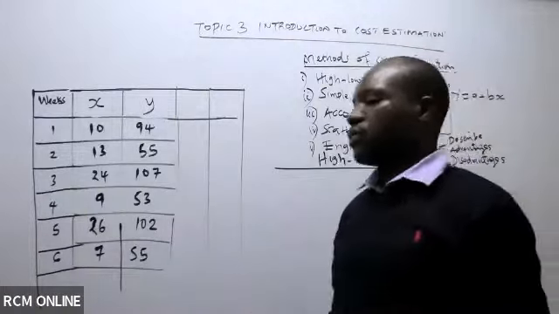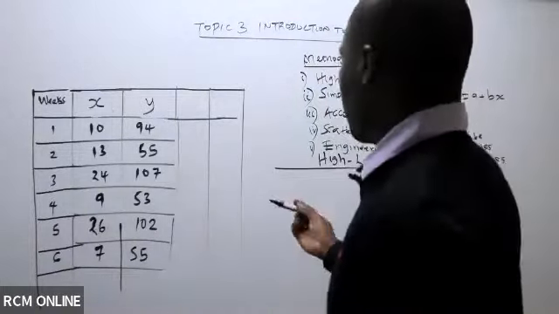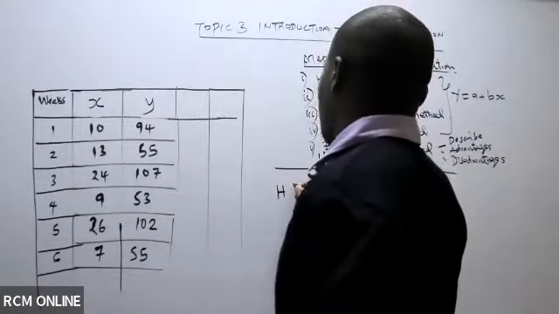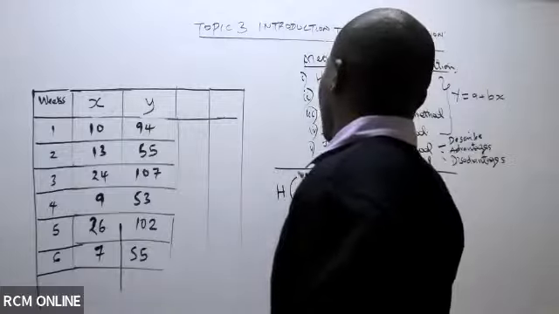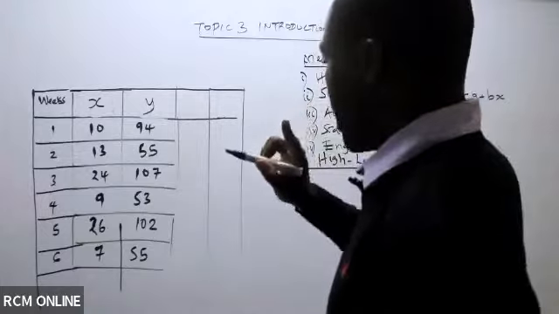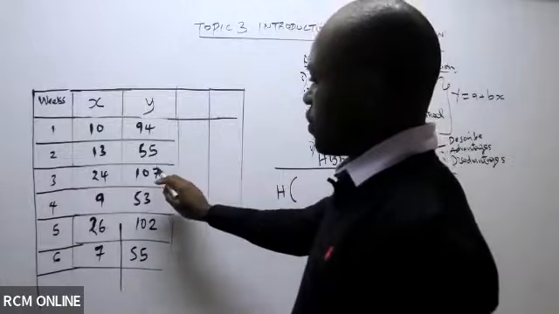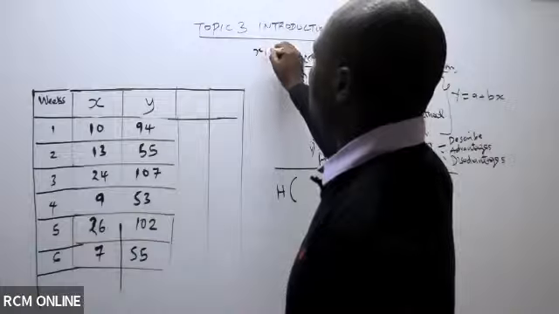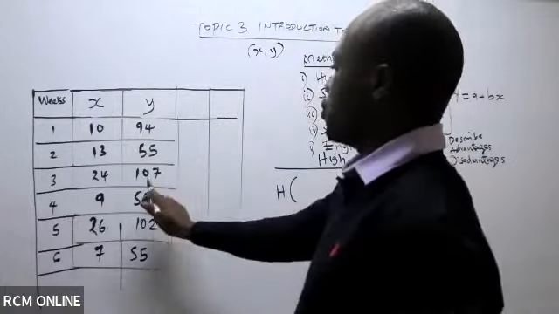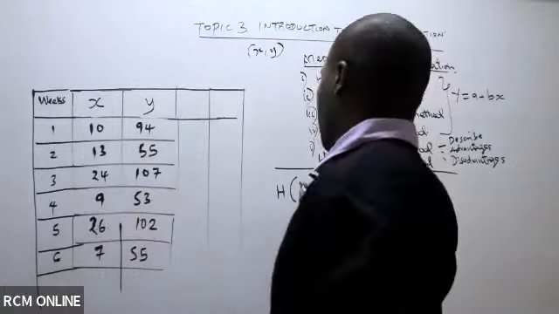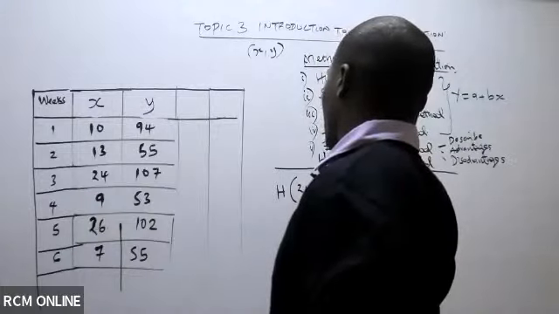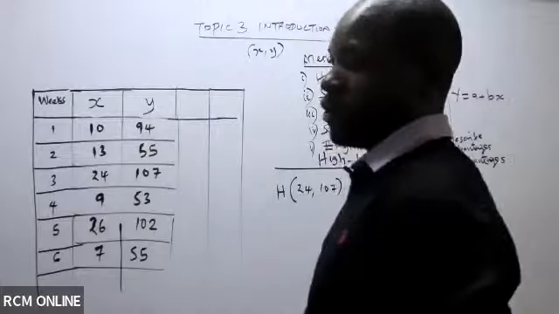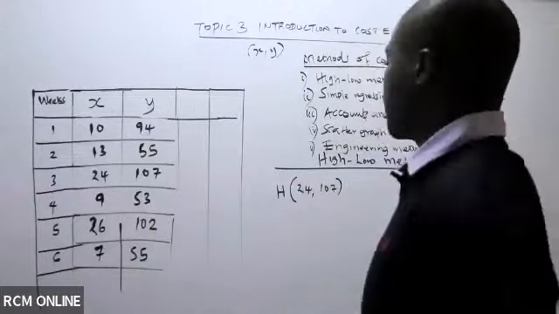So this is what you are going to do. Let's assume you are told to pick the highest value. So you're going to have two sets. I did that intentionally. Somebody will come and tell us, you know what? The highest value here is 107. And because coordinates must be X, Y, they'll be referring to the corresponding figure here. So they're talking about 24, 107. Then somebody will say, no, that is not true.